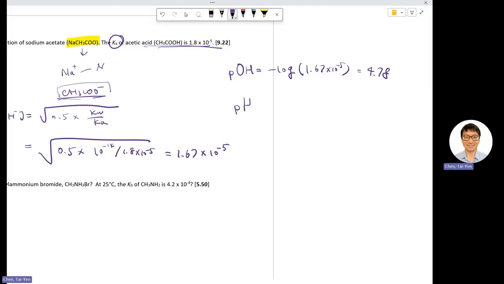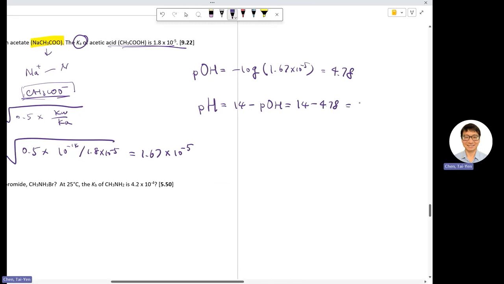Therefore, pH equals 14 minus pOH, which is 14 minus 4.78, so you should have a value of 9.22.